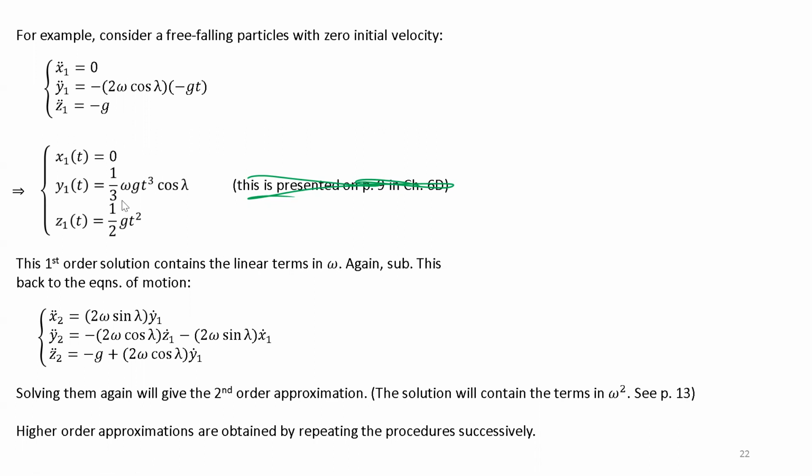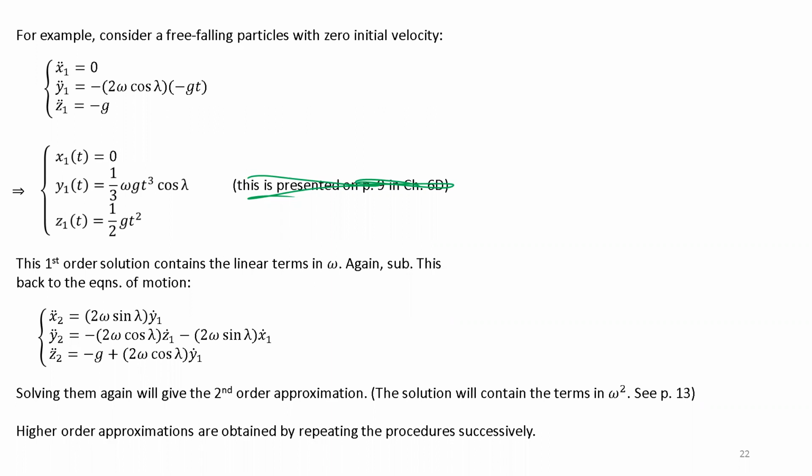So in fact, as I will show you later, if you want to do a more and more accurate approximation, then what you do is that you substitute this first order solution. Without any correction, I call this a zero order solution.